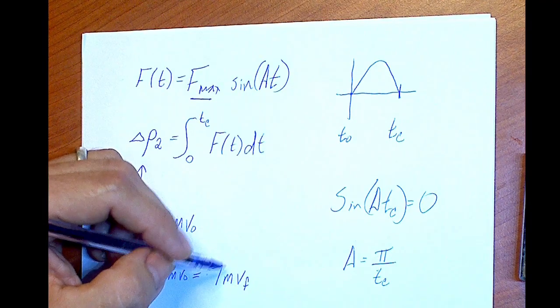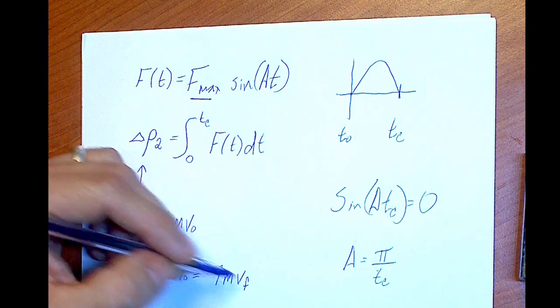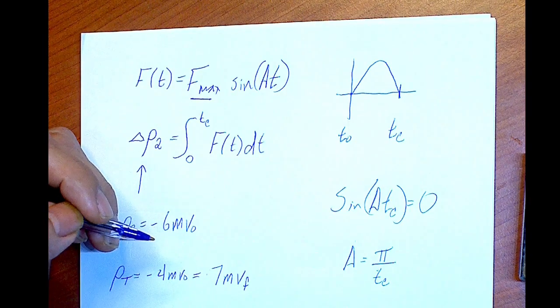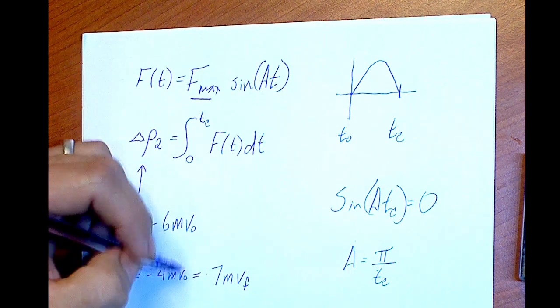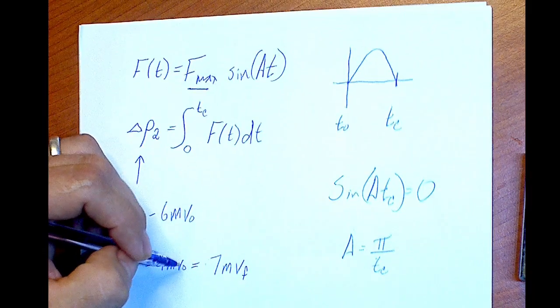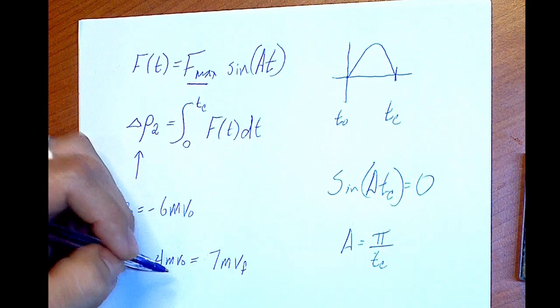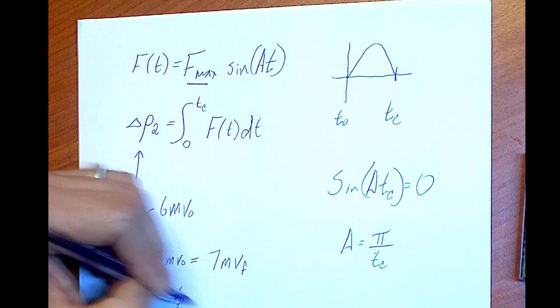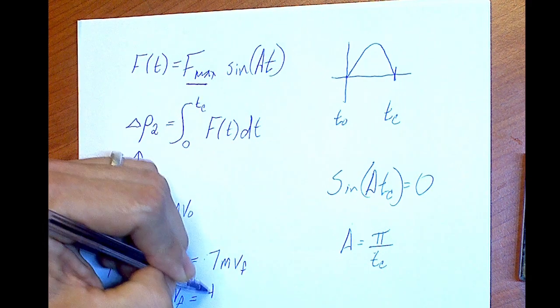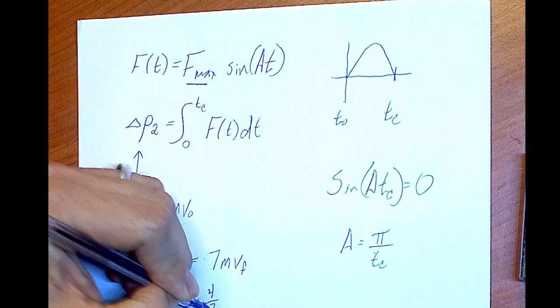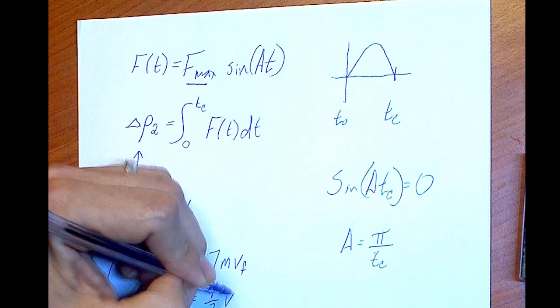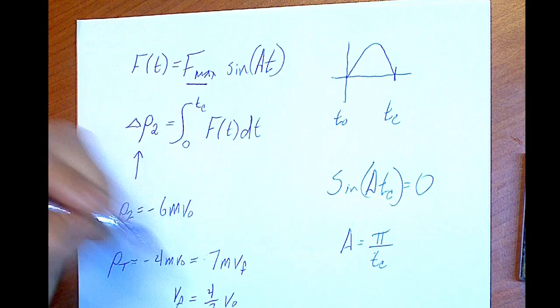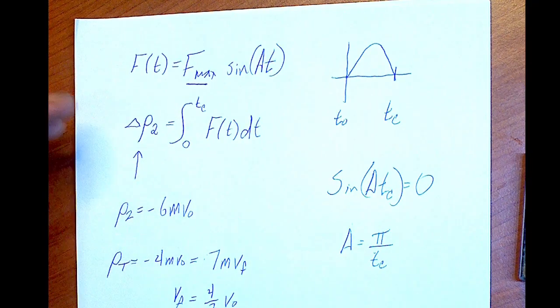And so whatever that mass is times the final velocity will be the momentum of the system. So now we have a relationship between v naught and v final. And in fact, we can do some really simple math and say that v final equals 4/7 of v naught.